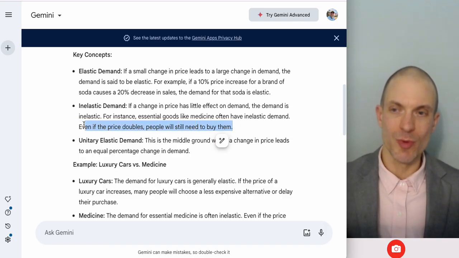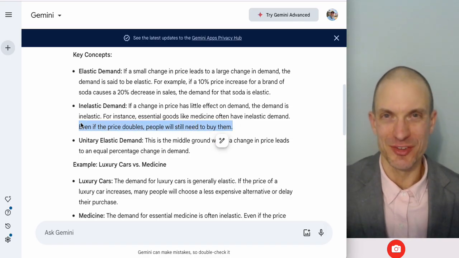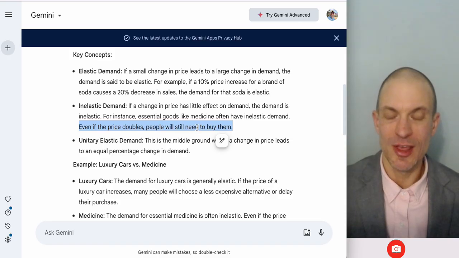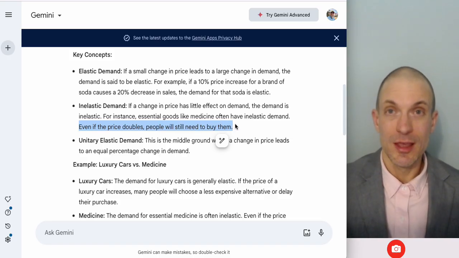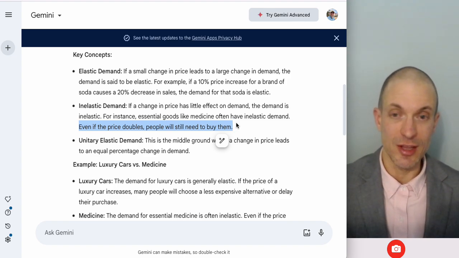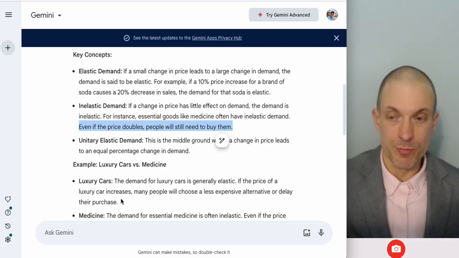One of the reasons why I bothered to give that long explanation is lots of times students will say mistakenly that if the price changes and the quantity changes, demand is elastic, and if the price changes and quantity doesn't change, then it's inelastic. Which is for perfect inelasticity, that'd be correct.